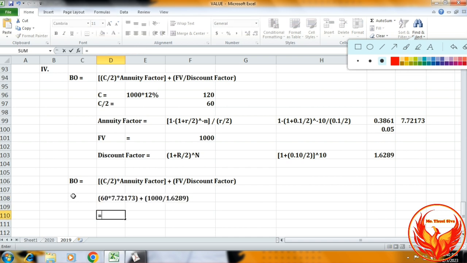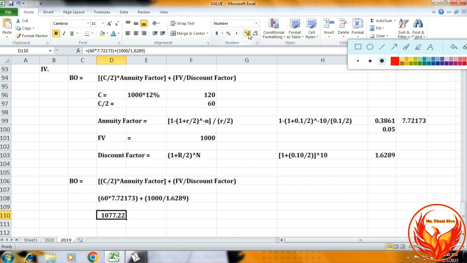Now we can find the final answer for the bond. So the value of the bond is 1077 rupees 22 cents.